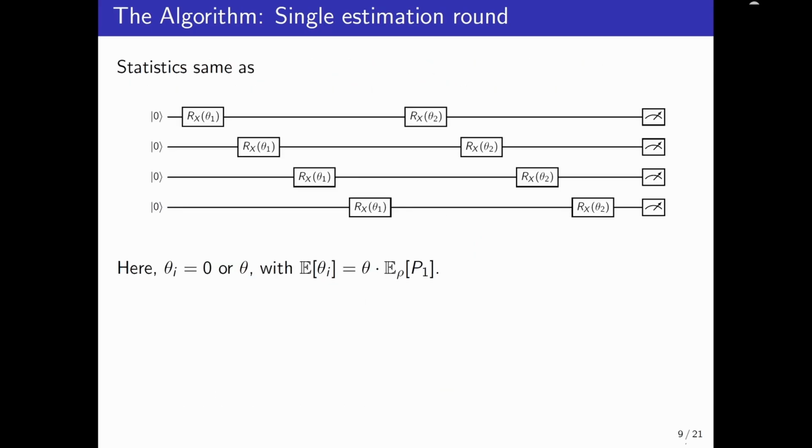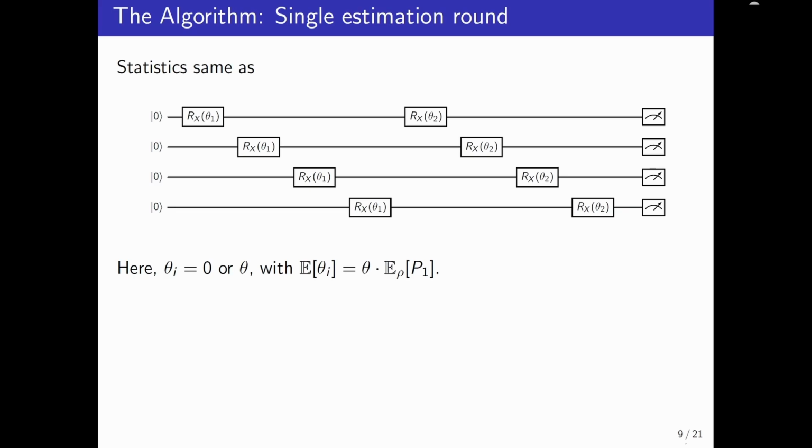Here, theta_i is the outcome-dependent rotation parameter, which is 0 if the measurement on rho failed and theta if the measurement succeeded. Note that with this, the expected value of theta_i is directly proportional to the value to be estimated.